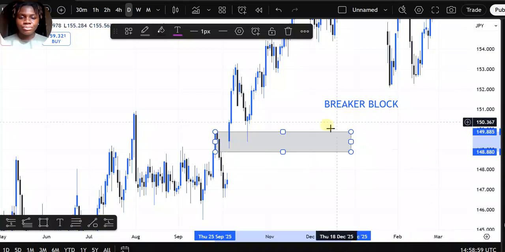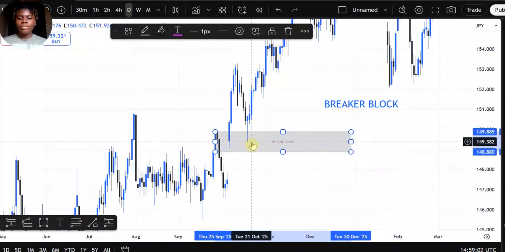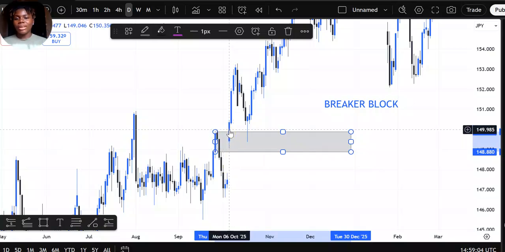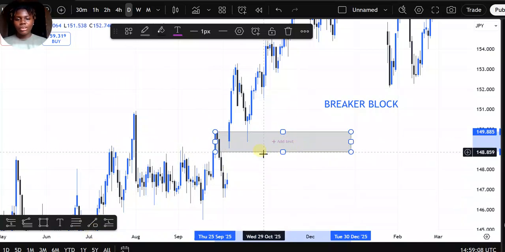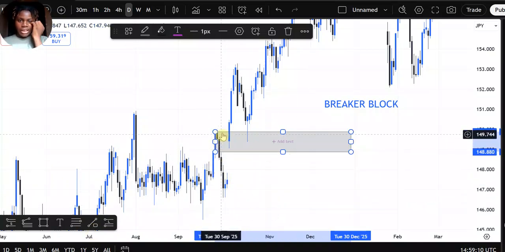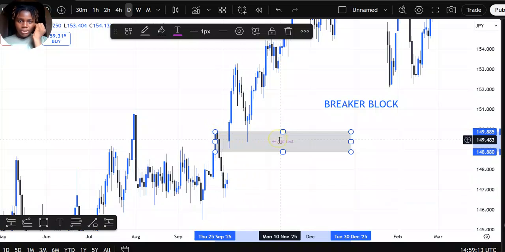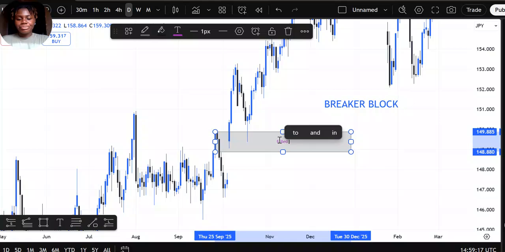Like I was saying, for the order block around here, we expected price to at least come back in here, test it, and then continue downwards, right? But in this case it broke that point, which makes this point a failed order block.